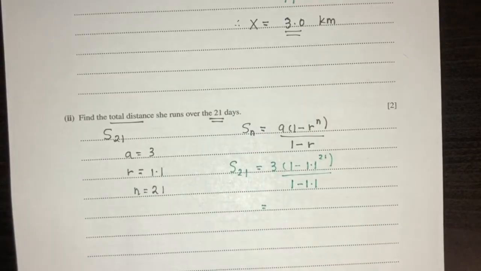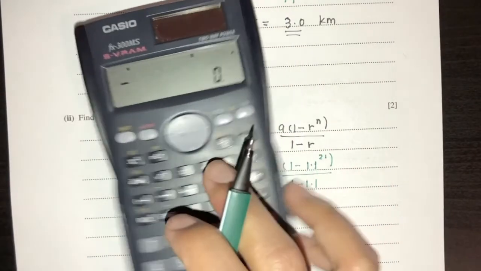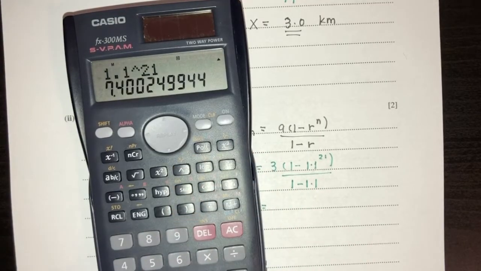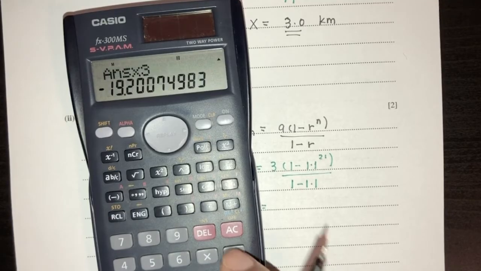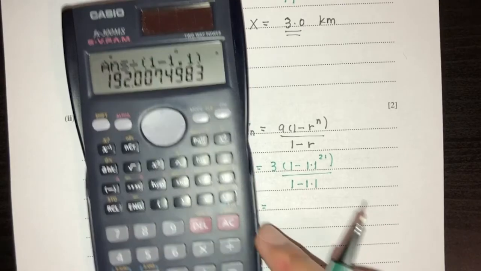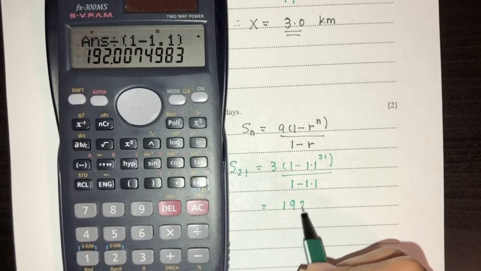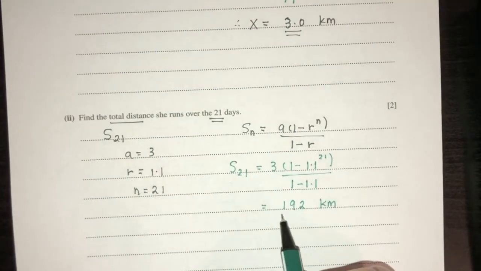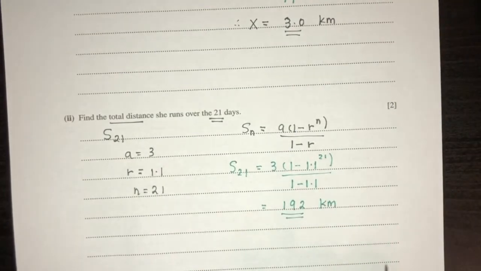Let's see what we get. First let's begin on the inside. 1.1 power 21 is this, 1 minus answer, times 3, divided by 1 minus 1.1. That should be 192 km correct to 3 SF. That will be your answer for question number 4, part 2.